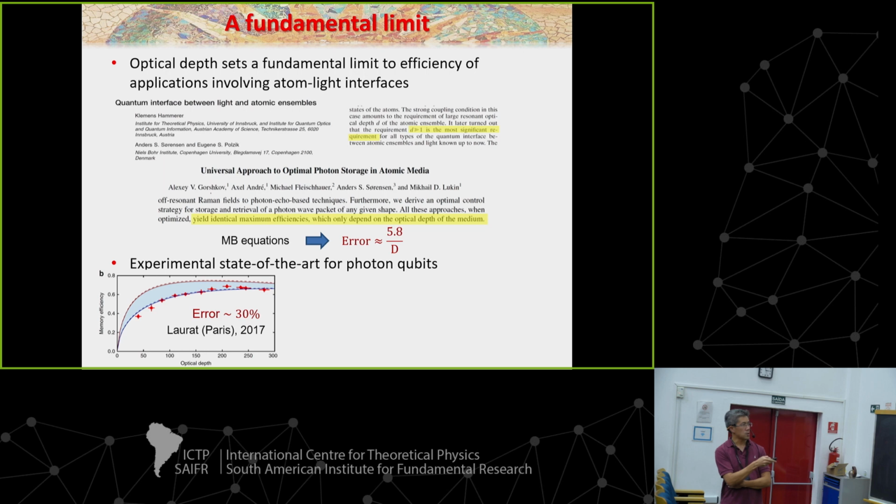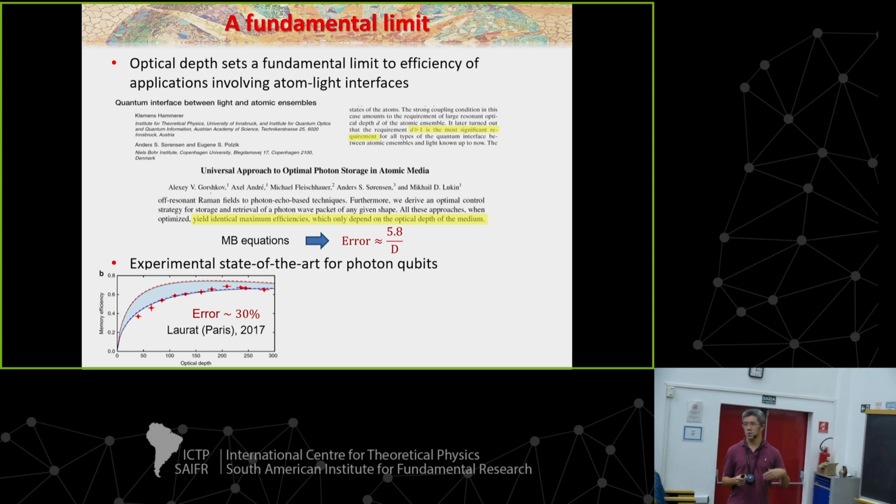So they see that at first when you increase optical depth, indeed the efficiency increases according to what you theoretically expect. Now, optical depth is just proportional to the number of atoms. It's not like the number of atoms in the universe is really a limited resource. So of course you can just crank up the atom number more and more. And what you find is that at some point the efficiency doesn't get better anymore, but it starts to go down. And so there are two take-home messages associated with this plot here.